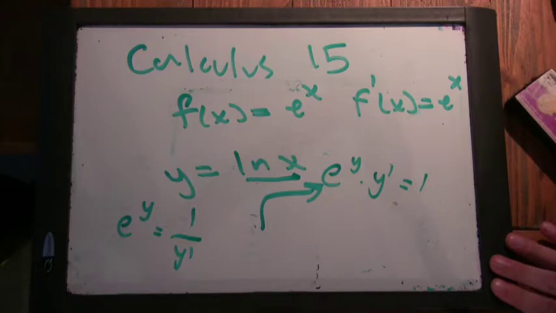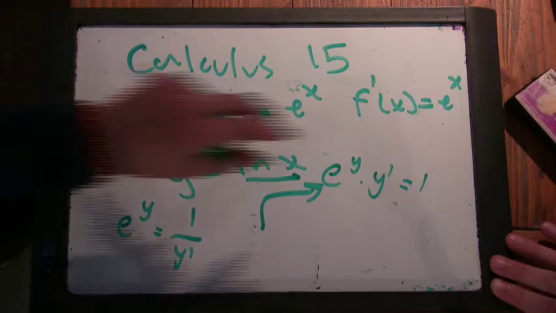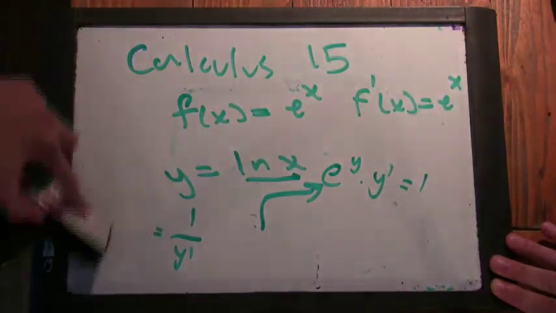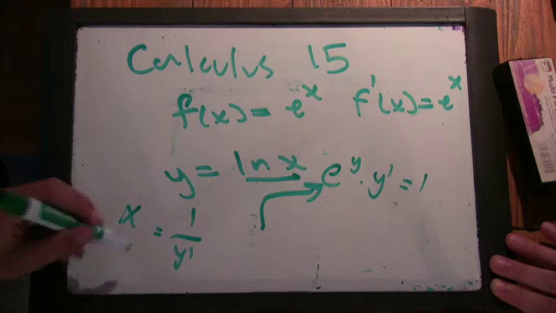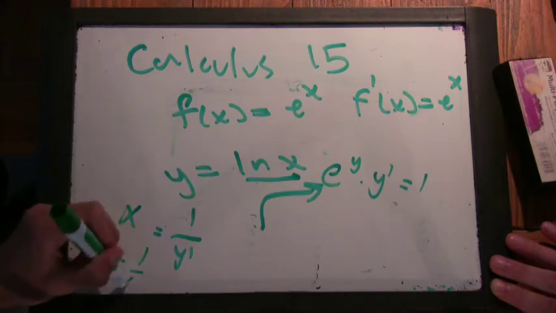Okay. So e to the y is e to the ln x, which is x. So we know that x equals 1 over y prime. So y prime equals 1 over x.